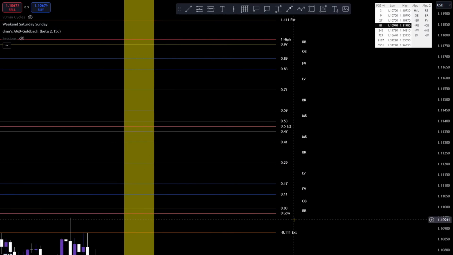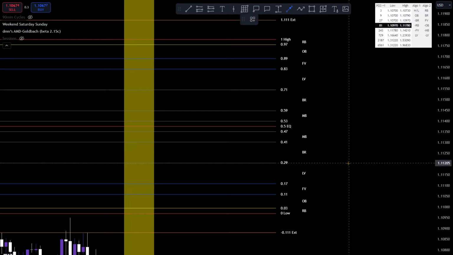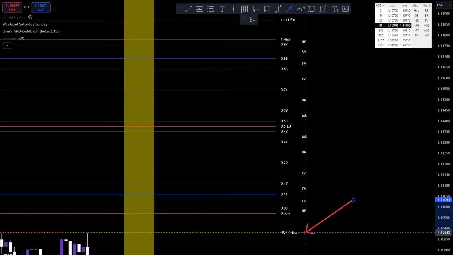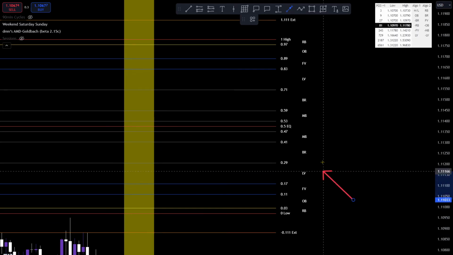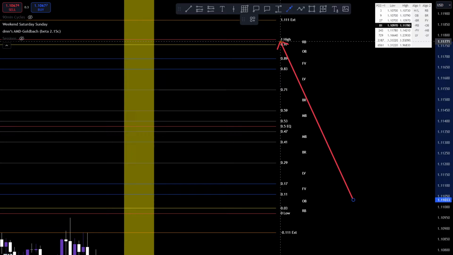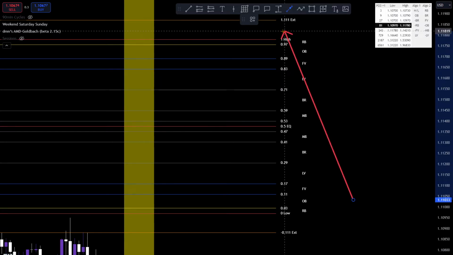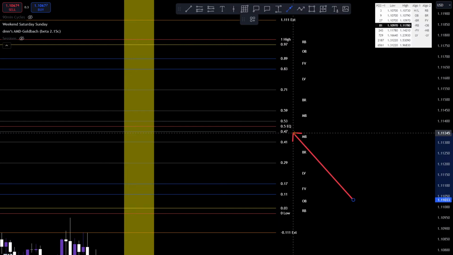Now, the first thing I want you to get comfortable with, it's a lot on the screen, I know. There's a low, an EXT level under that low. There's a high, an EXT level above it. I also want you to notice the equilibrium or EQ level.